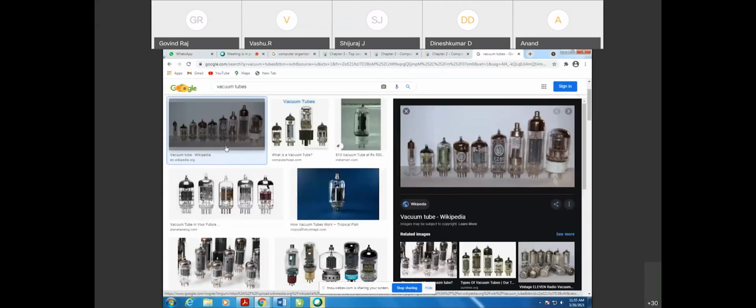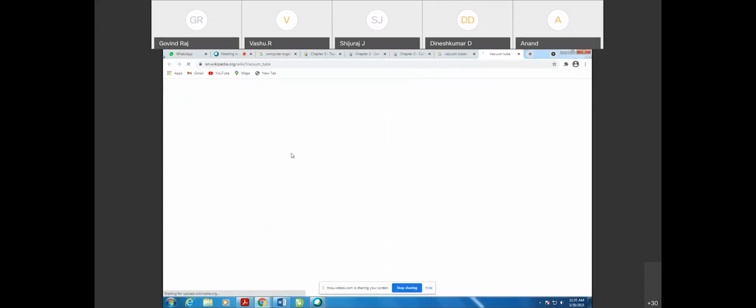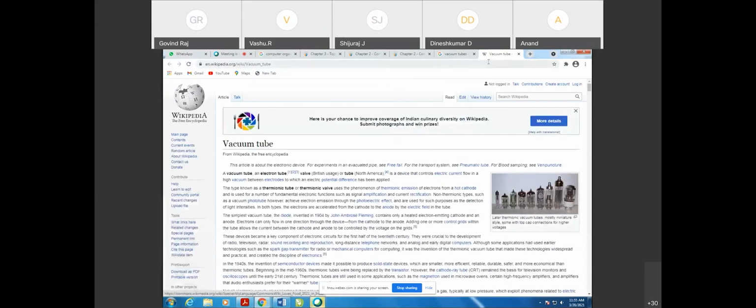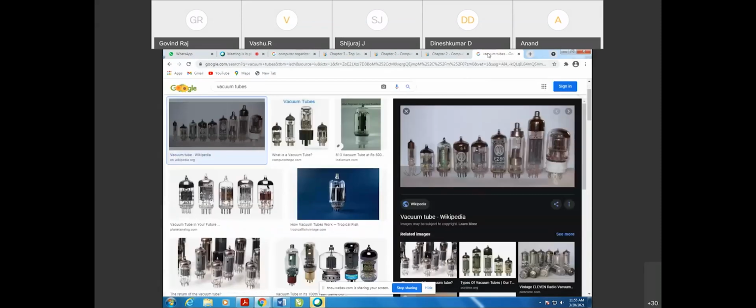Nowadays we are using ICs, integrated circuits, but in those days they used this type of vacuum tubes for the execution unit, a major component. If you see old type radios, this is there. It looks like a tube light.